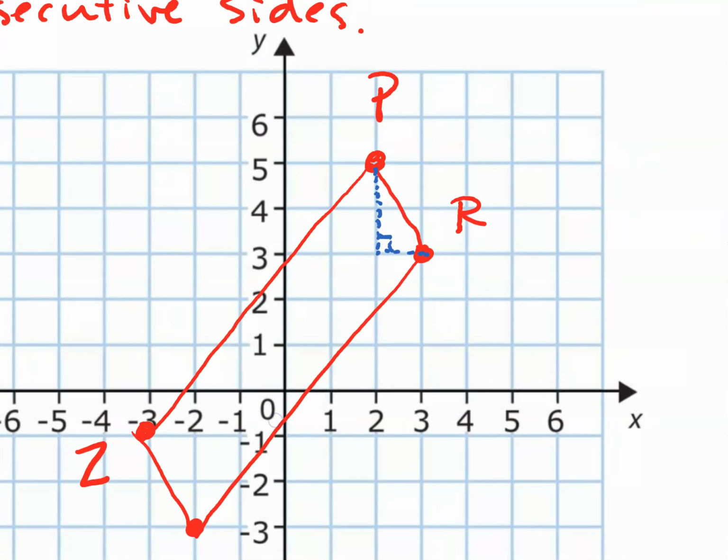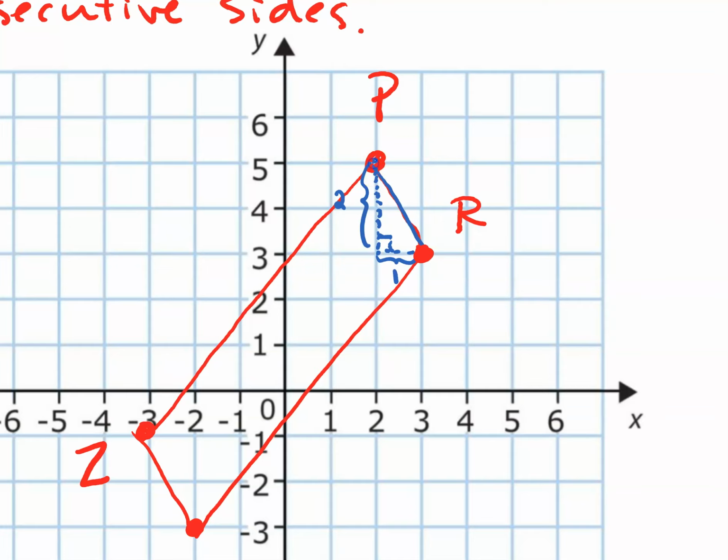Remember, the distance formula is just a variation of the Pythagorean theorem: this distance squared plus this distance squared equals the hypotenuse squared. So I can get this distance by just counting as well.